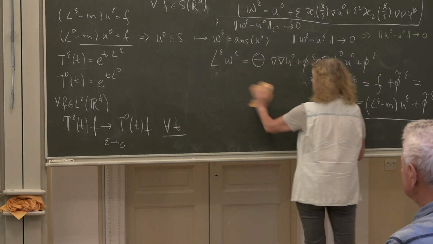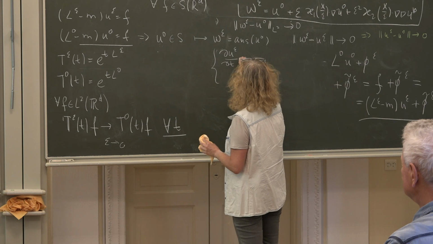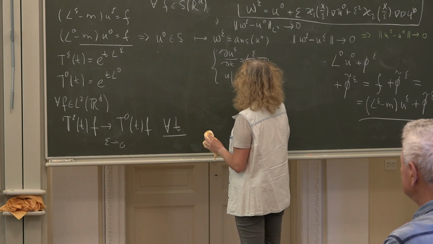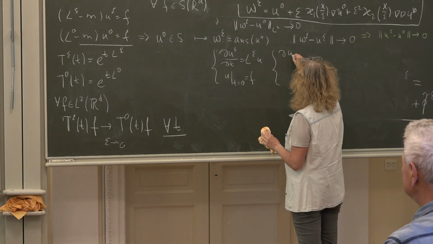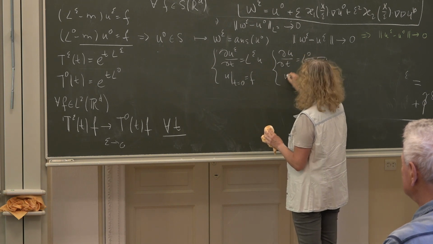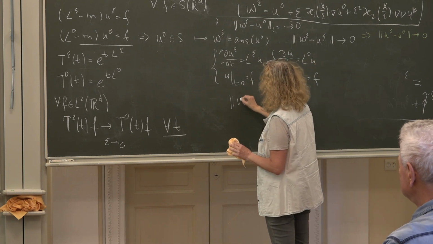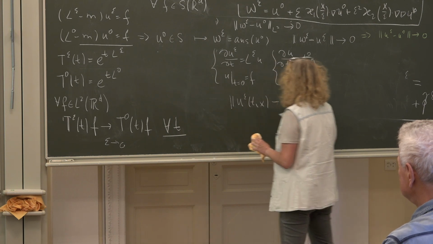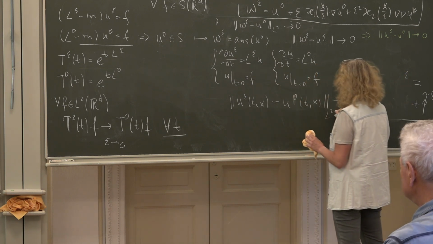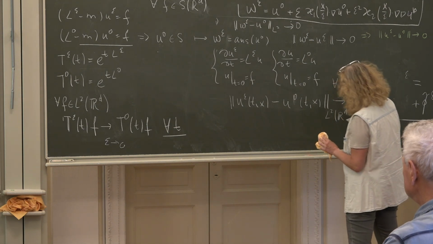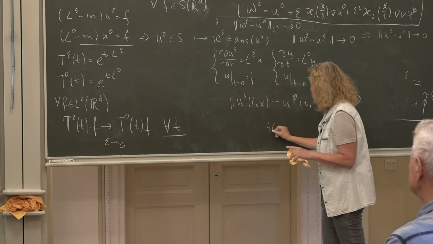And in fact, that means that if we consider two corresponding parabolic problems, du epsilon/dt plus L epsilon u epsilon is equal to f, and the same for the operator L0, du/dt plus L0 u equals f, then we can prove that u epsilon(t,x) minus u0(t,x) tends to 0 in L2(R^d) for a fixed t, or again uniformly on any bounded interval.